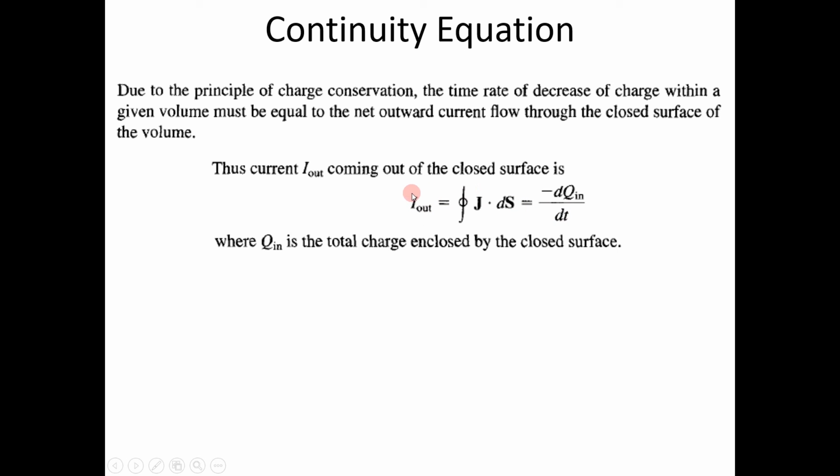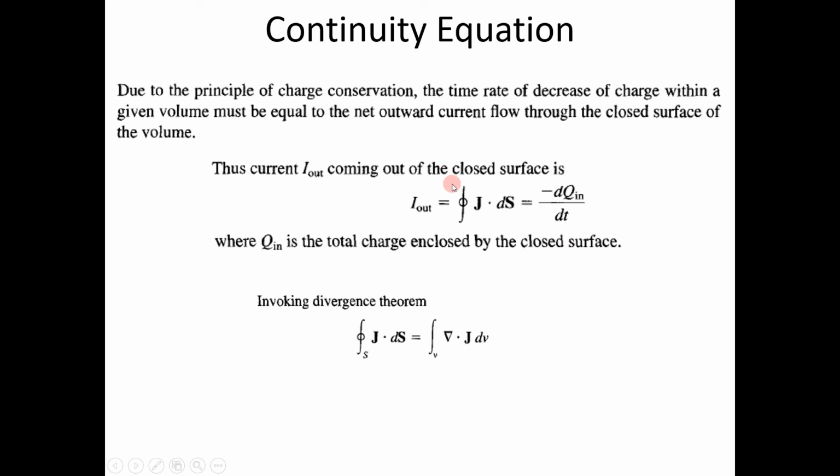And you got an equation connecting I and J like this: I is equal to surface integral of J dot ds. So you write it as current coming out of a surface, I out, is equal to surface integral of J dot ds, where J is current density, and this current is equal to minus dq by dt, where Q is the total charge enclosed by the surface.